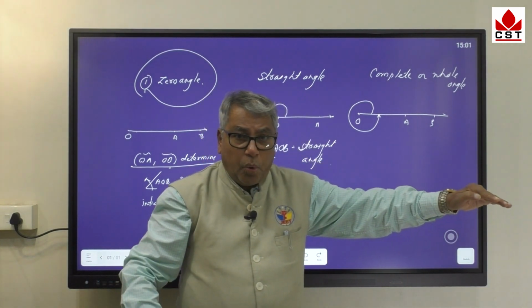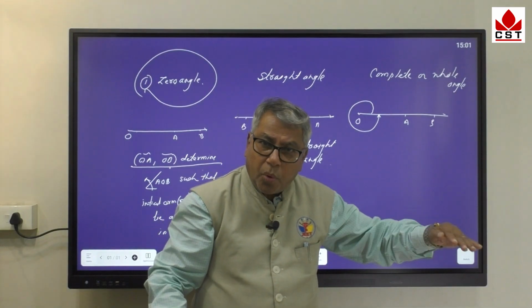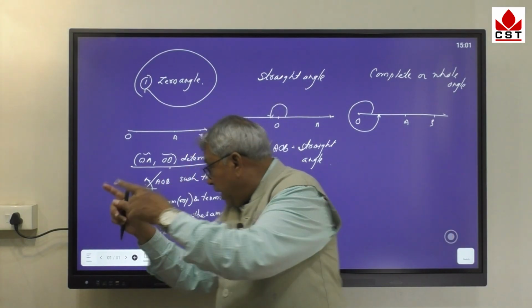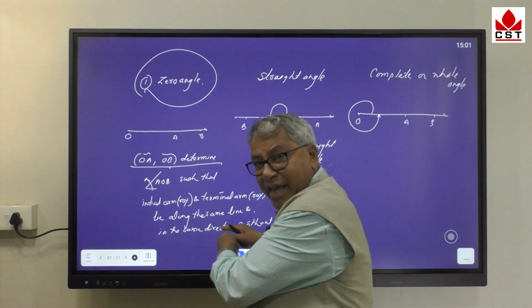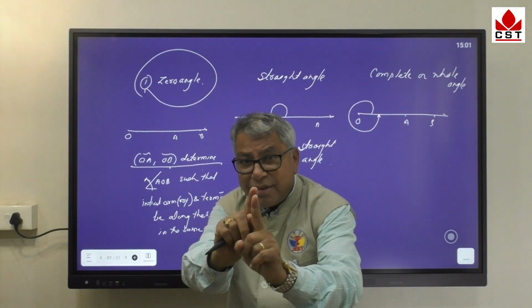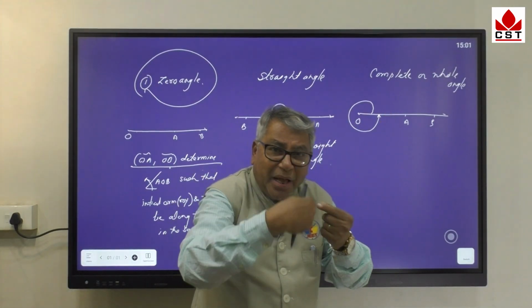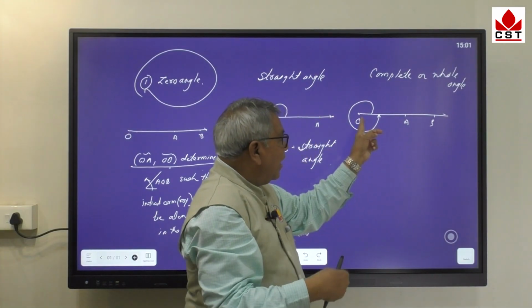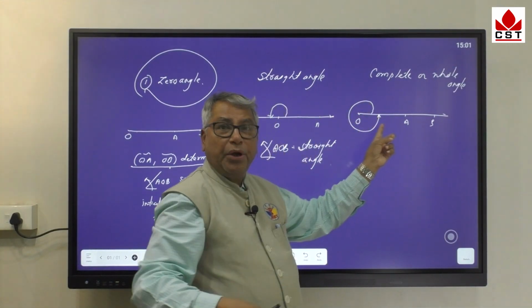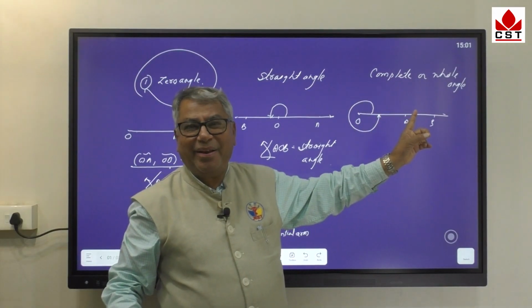Initial arm OA, terminal arm OB lie along the same line. The position is the same line as the zero position, but after completing one rotation of ray OA about point O. So this is a complete angle or the whole angle.